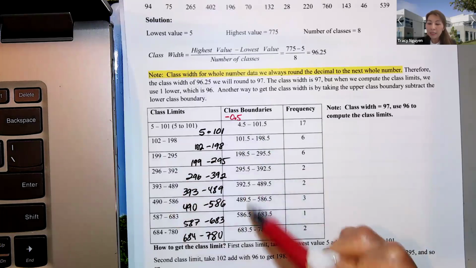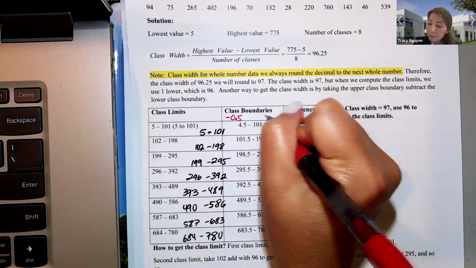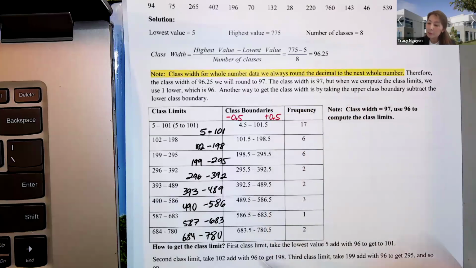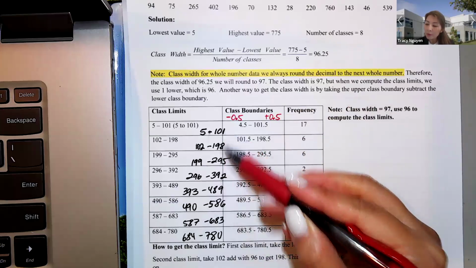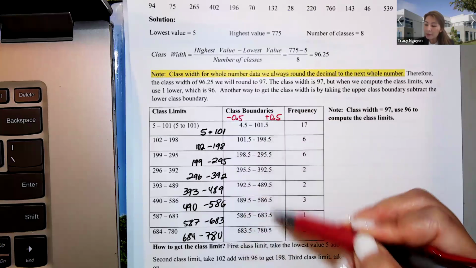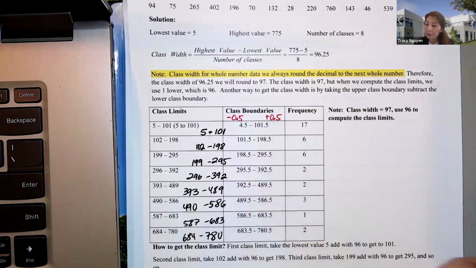And you continue to get the rest of the lower class boundaries. For the upper class boundaries, you take all your upper class limits, add 0.5 to them, and you will get the upper class boundaries.